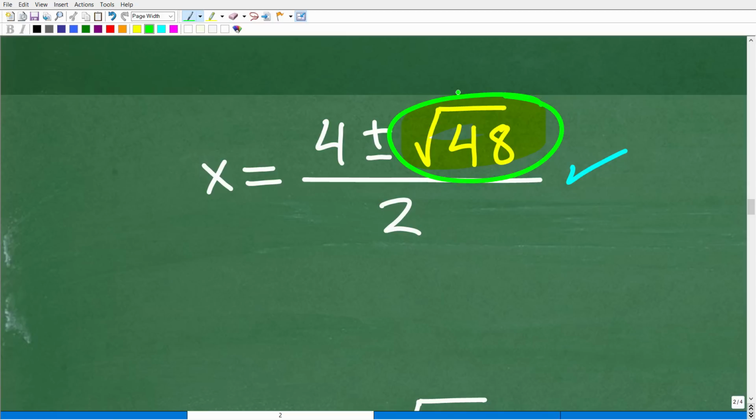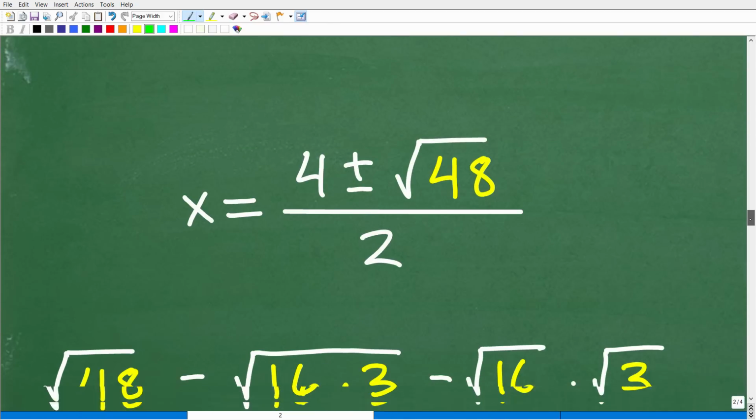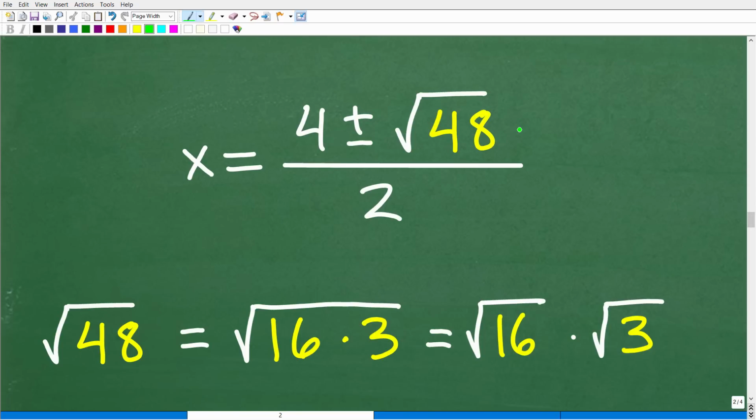All right, so let's go ahead and take the step of simplifying this square root of 48. So we have to ask ourselves, are there any perfect squares in this 48? In other words, can we factor 48 in terms of a perfect square? Now, if you don't even know what I'm talking about here, you're going to have to review how to simplify square roots and radicals.